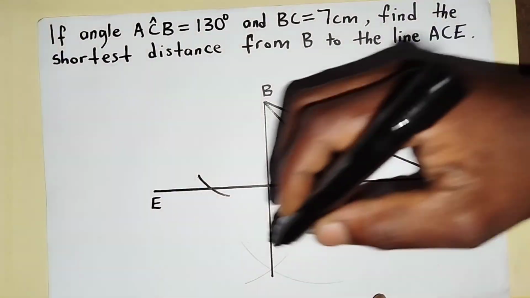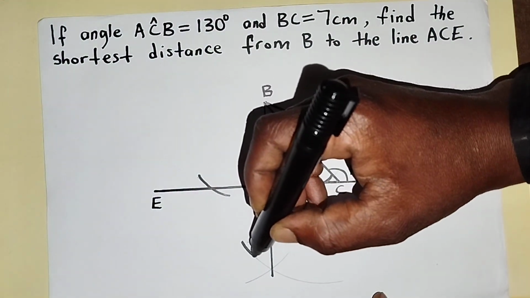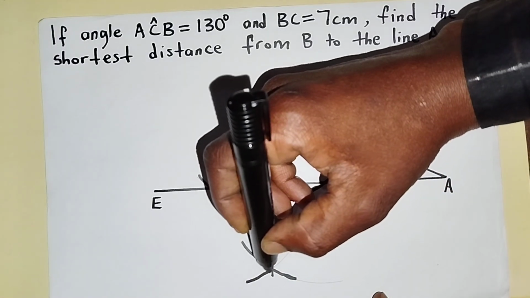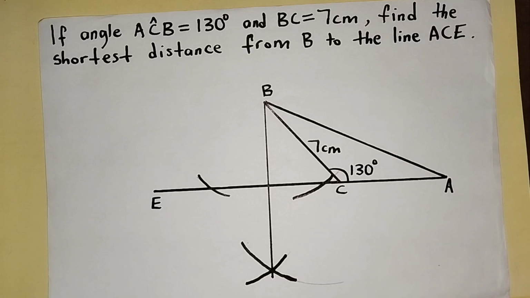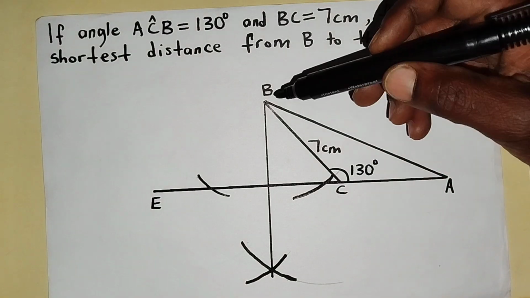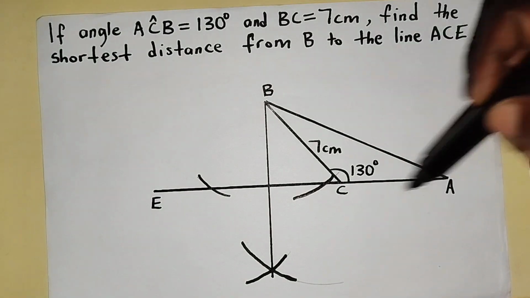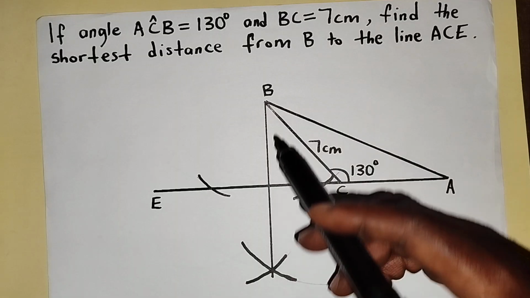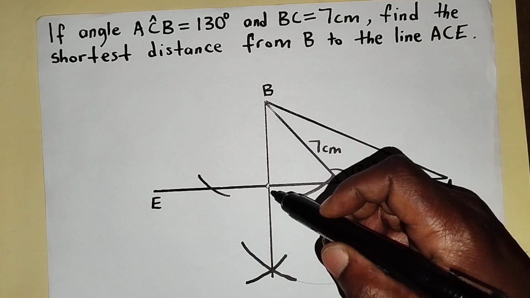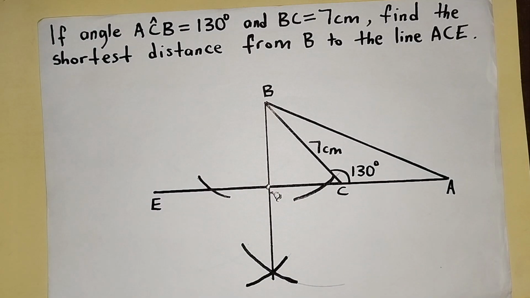Let me just enhance these arcs so that they are a bit visible. So here we are. The shortest distance I want to find, from B to ACE, is from B up to this point. Let's call it D.